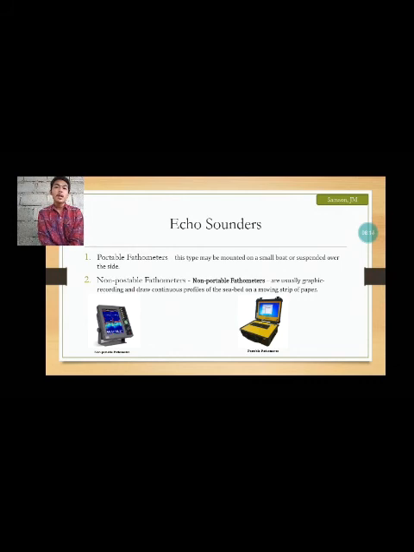Okay, so number two, the non-portable photometers. Non-portable photometers are usually graphic recording and draw continuous profiles of the seabed on a moving strip of paper. So by the way, these are both photometers, the non-portable one and the portable one.